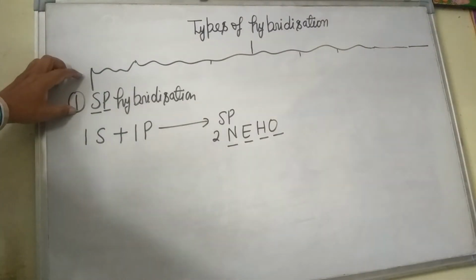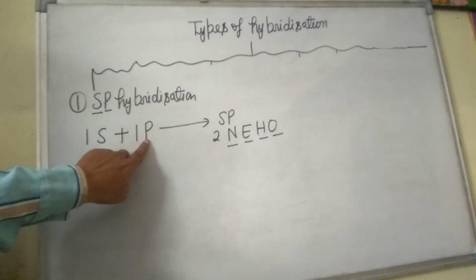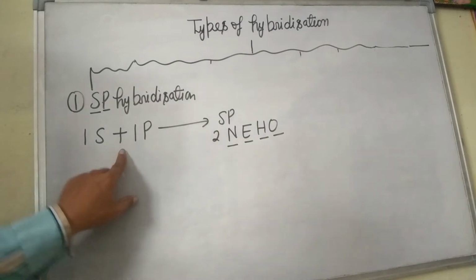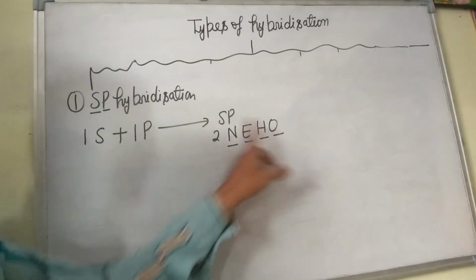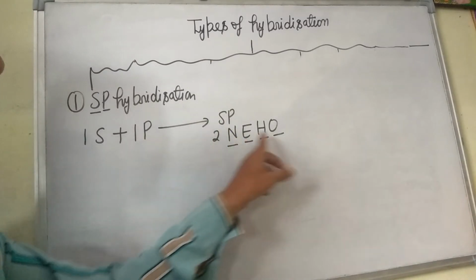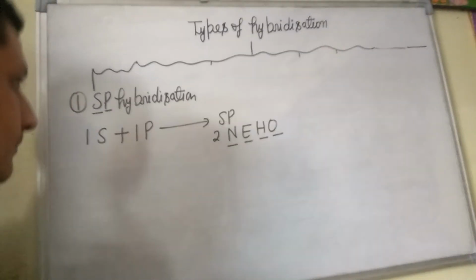What is sp hybridization? When one s orbital and one p orbital mix together to form two new equivalent hybrid orbitals, this is called sp hybridization.